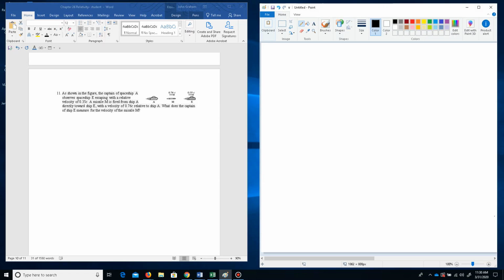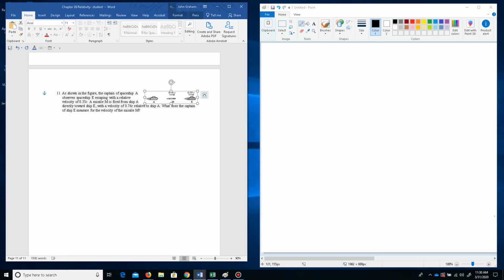A missile M is fired from ship A directly towards ship E with a relative velocity of 0.76 c relative to ship A. So both of these are measured from ship A. We want to know, what does the captain of ship E measure the velocity of the missile M to be? So we want to know what velocity this missile has relative to that ship.